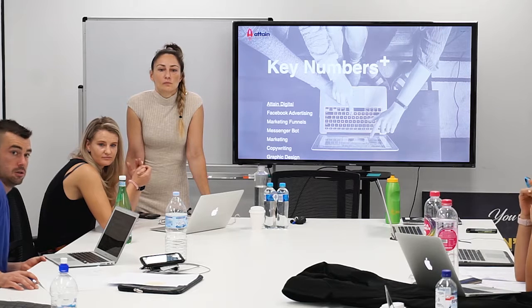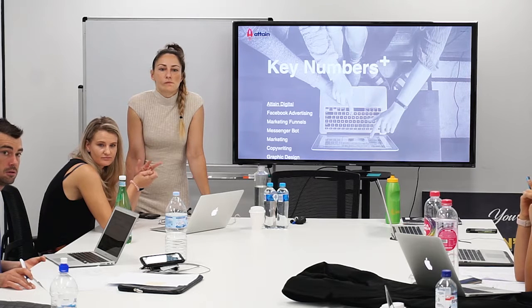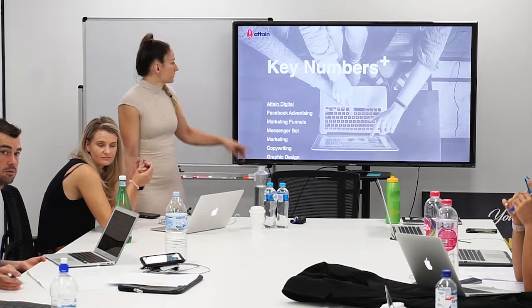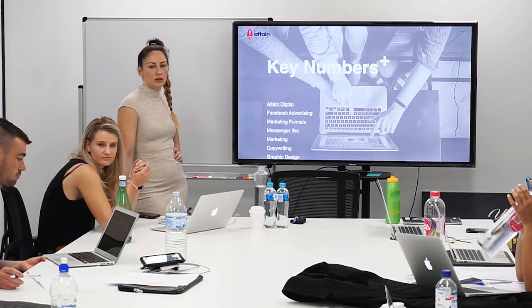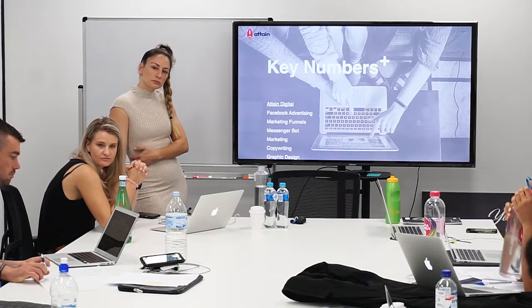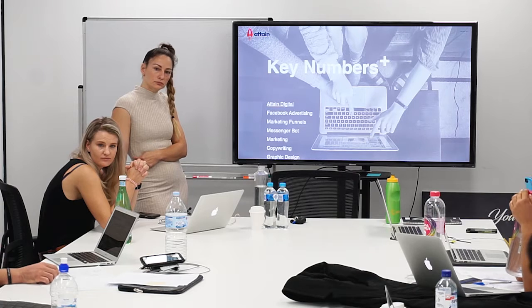Question: when you're trying to look at how much you've spent for the week and your budget, is there an easy way to add up all of them, or do you need to go into every separate campaign? You can select the campaigns.